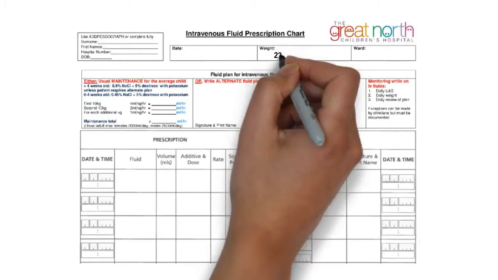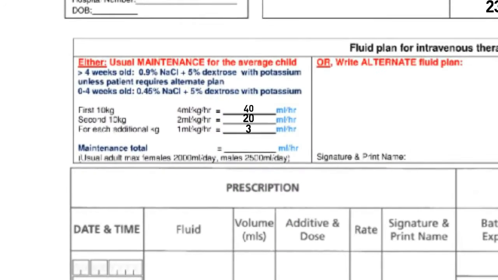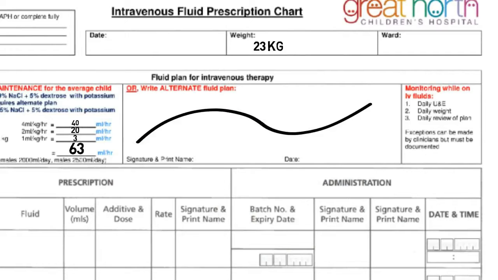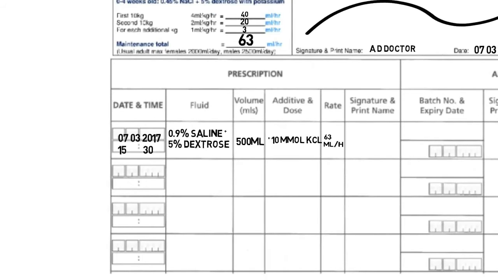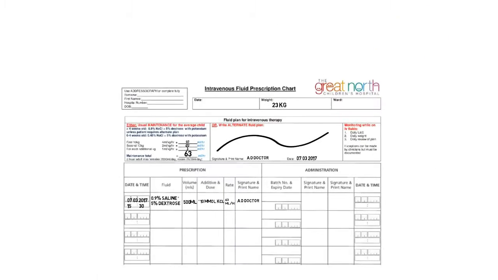The new IV fluid prescription charts now contain an area where maintenance doses can be totaled, where alternative fluid plans can be justified if necessary, as well as the normal space to write a prescription.